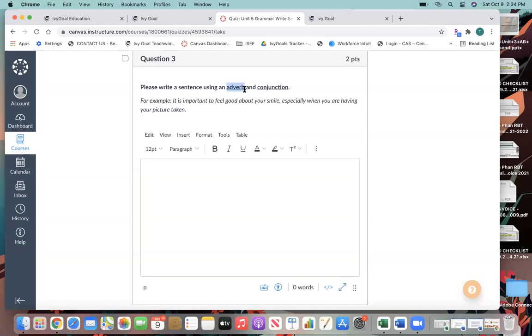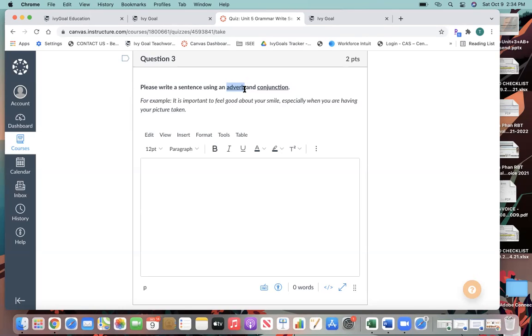Describes a verb. Very good. And usually adverbs end in what? An adverb describes a verb, and it usually ends in ly, right? That's a good clue that a word might be an adverb, if it ends in ly, right?